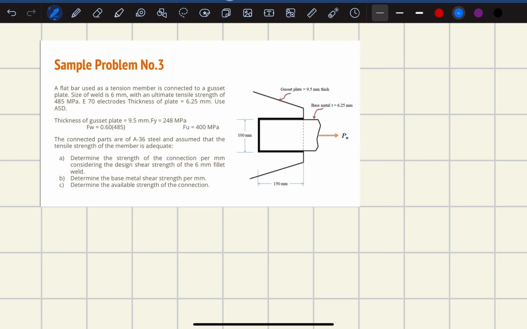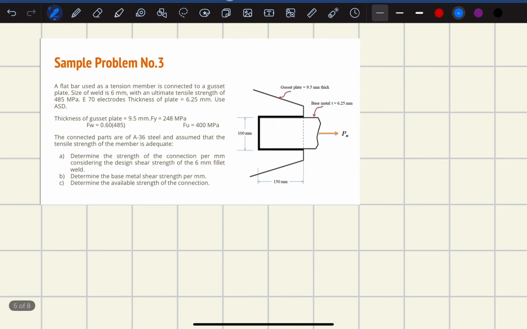Determine the strength of the connection per mm considering the design shear strength of the 6 mm fillet weld. So, solve natin yung letter A. Yung pinapahanap class is the strength of the connection per mm.